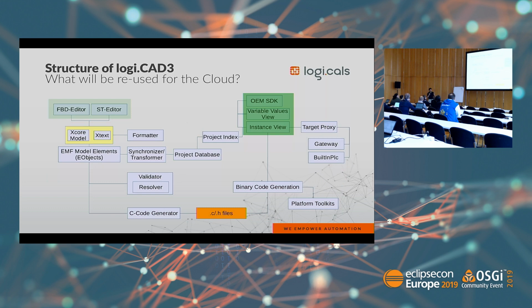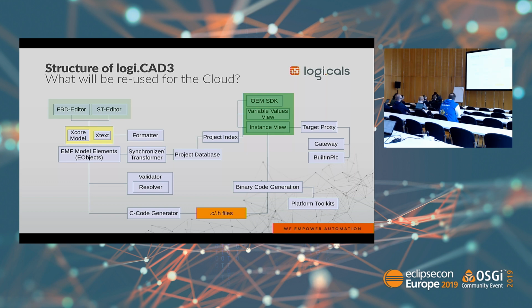like, let's say 100% were the editors, which contain Eclipse UI stuff, which is not available in the cloud, and also the instance view, which is, as mentioned, used to communicate with the target and to trigger the binary code generation. These views, at least, the graphical components, had to be redeveloped.